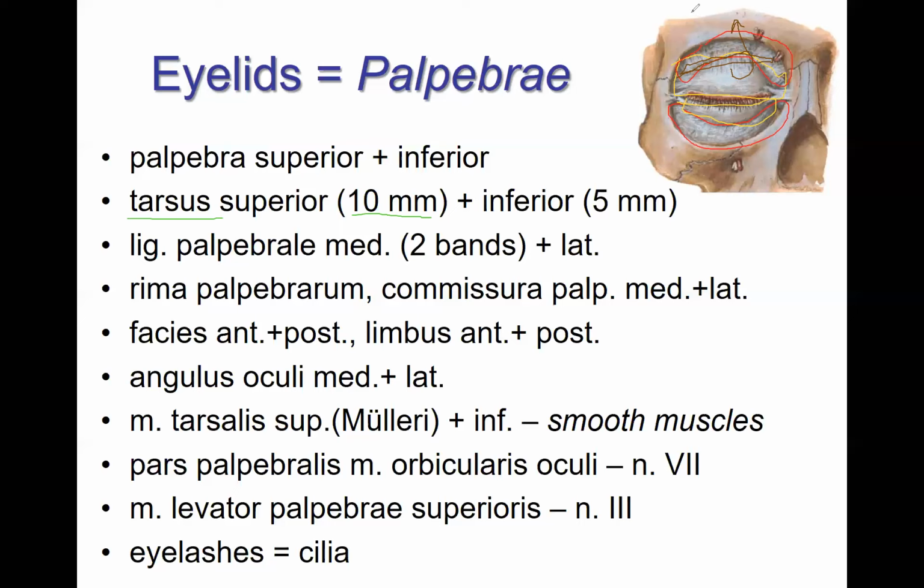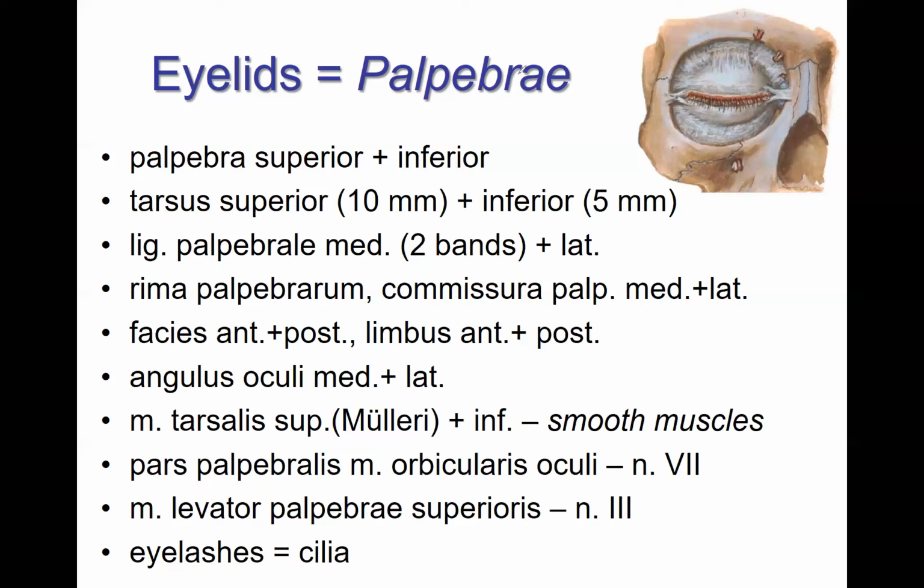So that's called eversion of the upper lid. It is not necessary to perform it with the lower lid, as the lower lid is smaller and it is easy to look behind that. So these are the lids and their tarsi.